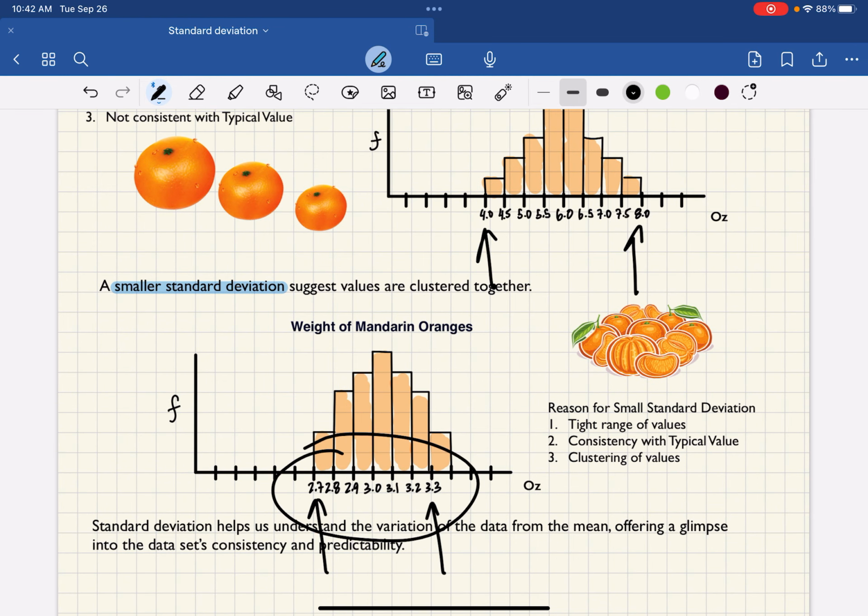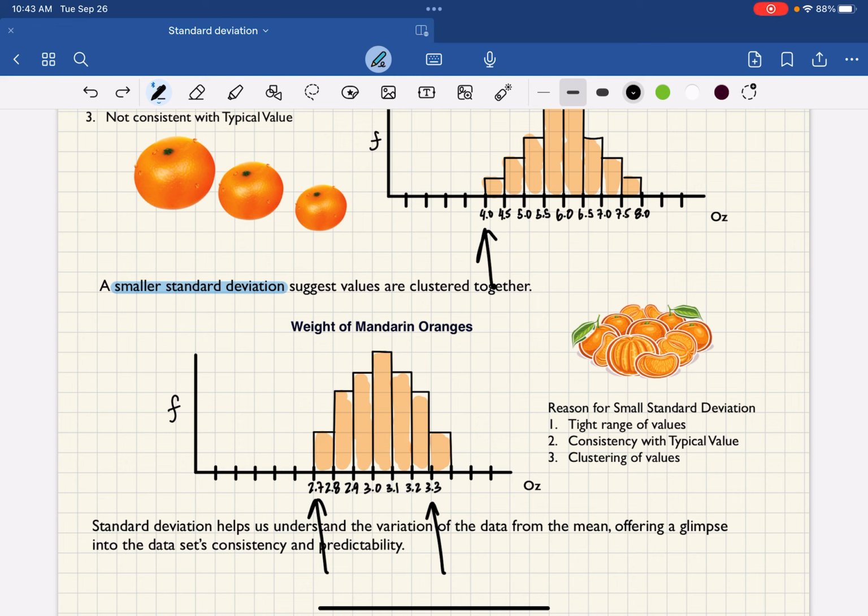Here, there's only like a 0.6 difference in the weight. Here you got 4.0 ounces in difference. So if you were comparing these two types of oranges, you'd say that the mandarin oranges have more of a consistent weight because they tend to be closer to the mean. And the standard deviation on the mandarin oranges will be less.